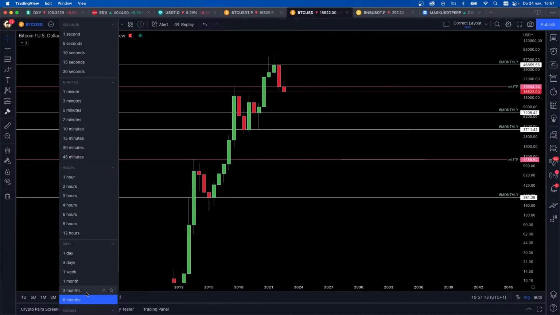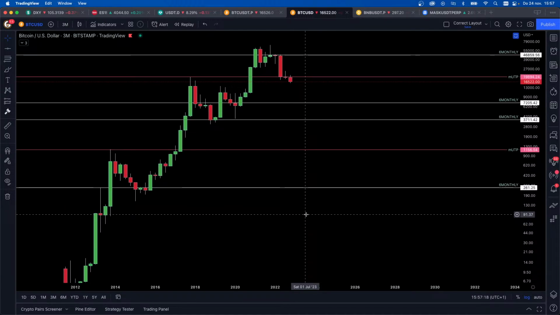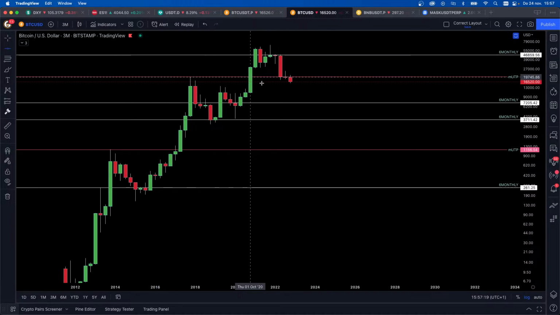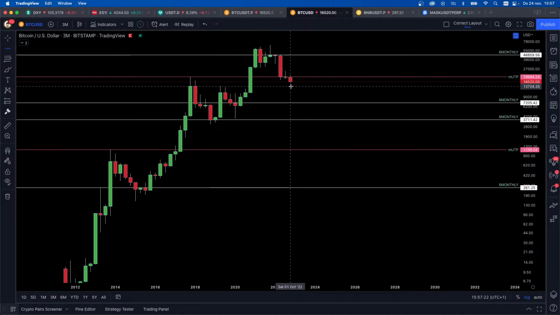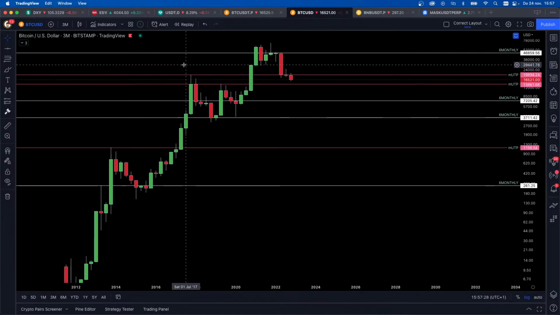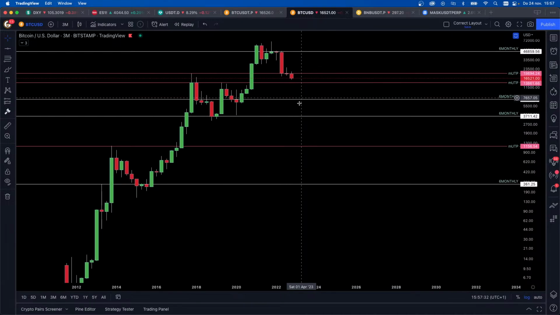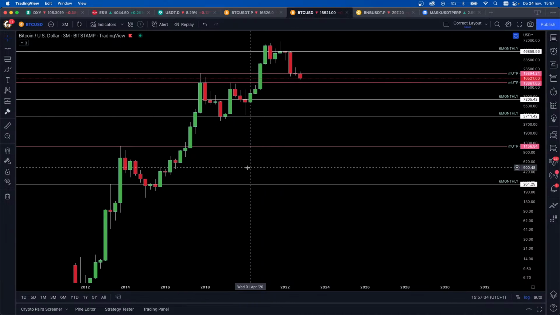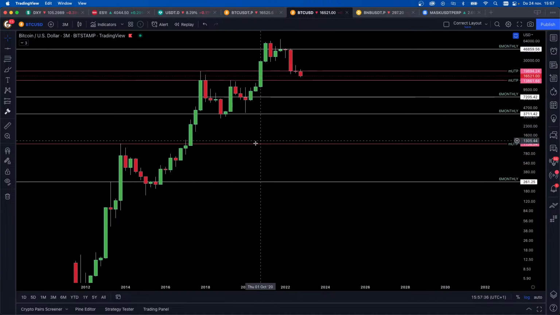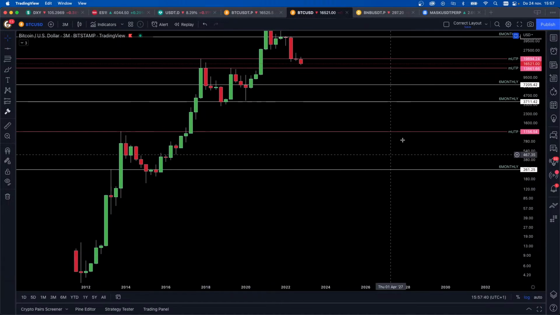Then I go on a 3 monthly time frame. I just look for some confluence. What else can I see? I can see this untapped price region, which is also an MUTP. Okay, so we are currently between both of these main untapped price regions. Anything else that I can add on this chart here?